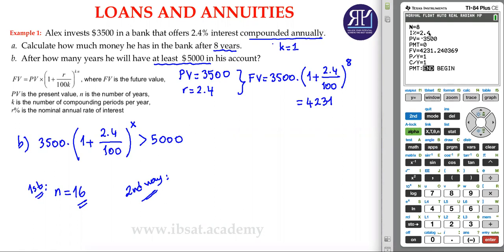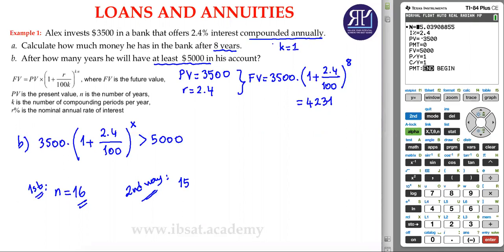By using the A choice, some values are already written here. It is nice for us. Same payment, no need. Future value: we need 5,000 this time. Again, P/Y will be 1. Now we are going to the button near N. This time we will use alpha, enter for N. As you see here, the answer is 15.039.